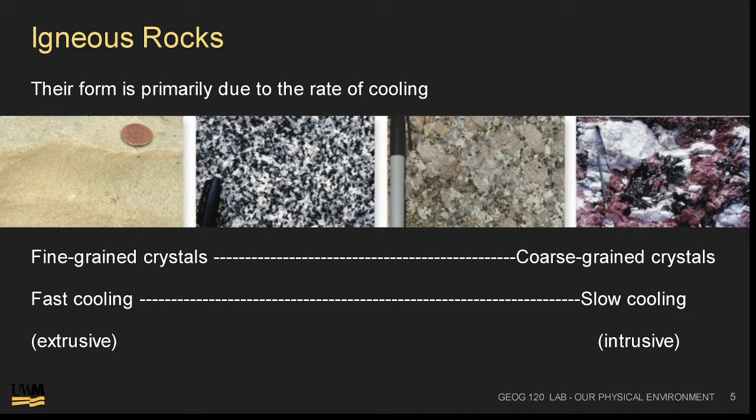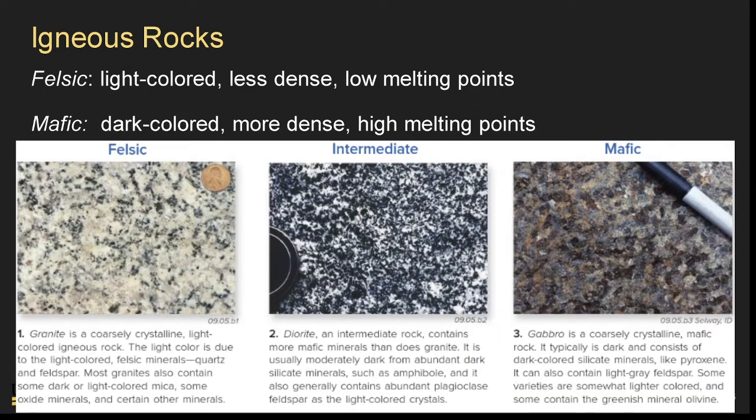They have to have constant temperature or pressure for the chemical interactions to happen and for crystals to grow. Remember that it takes time for crystals to grow, so when they have more time, i.e. when intrusive rocks cool slower, crystals get larger. So that's one way to differentiate them, igneous rocks.